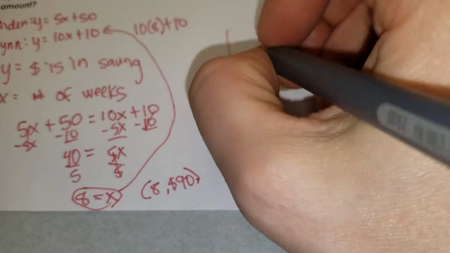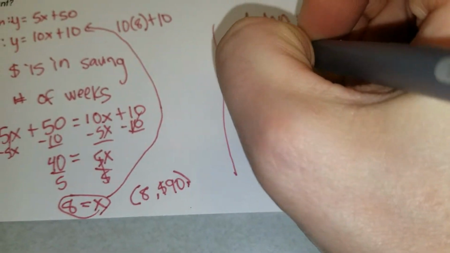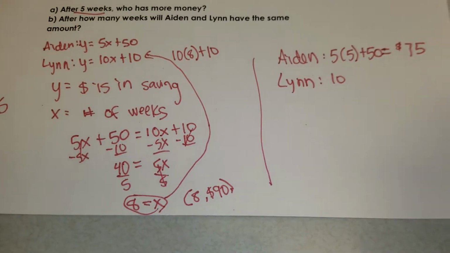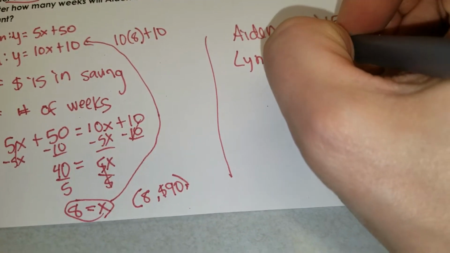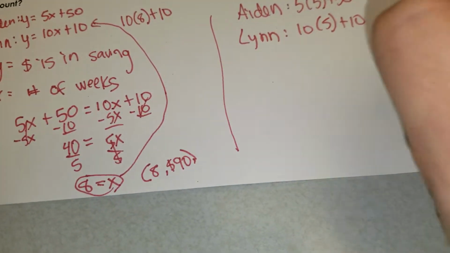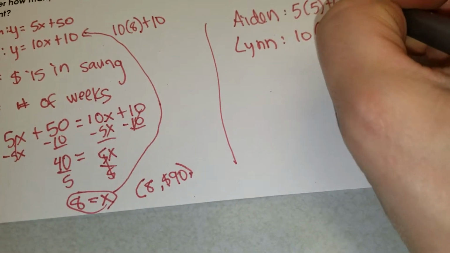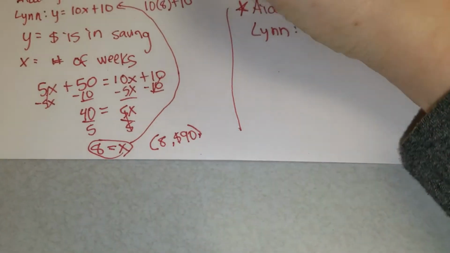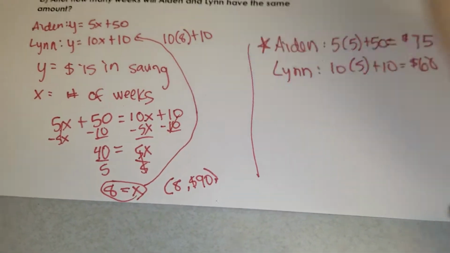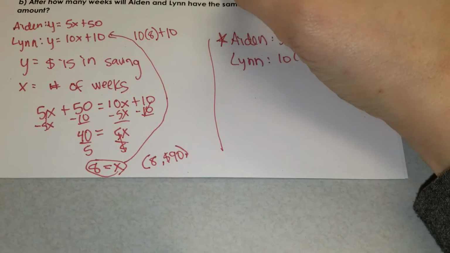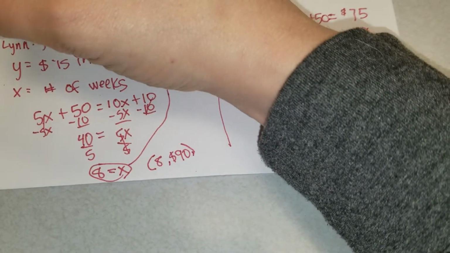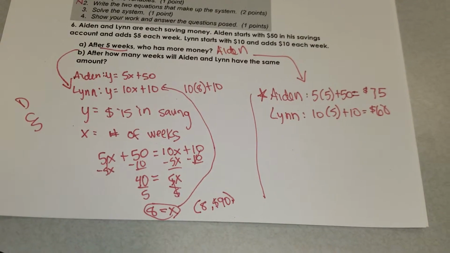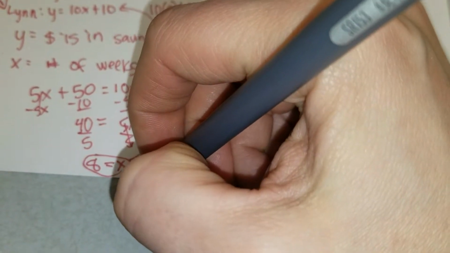And Lynn, her equation is 10 times 5 plus 10. 10 times 5 is 50, plus 10 is 60. So after 5 weeks, Aiden has the most money. So this is actually A, and this is B. Okay? This is 8 weeks.